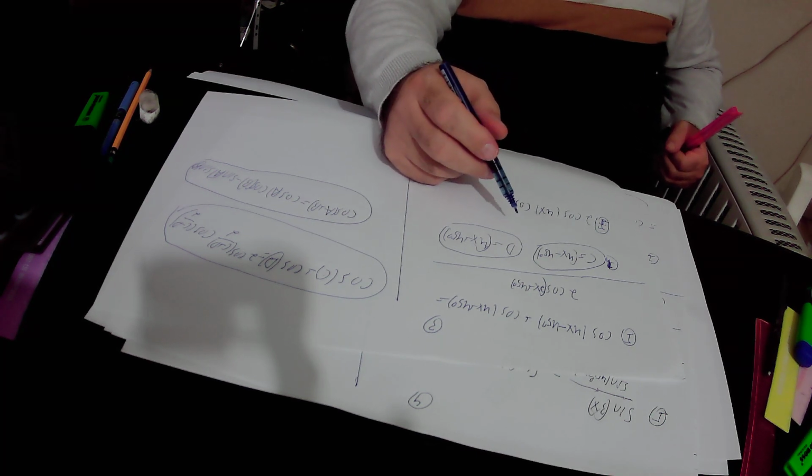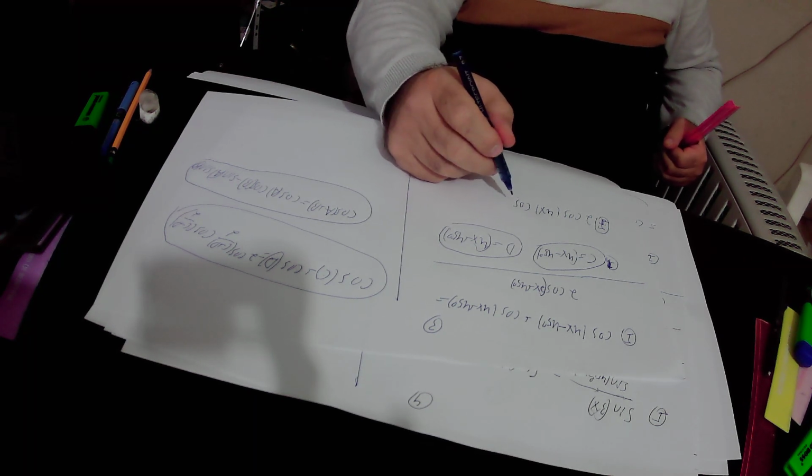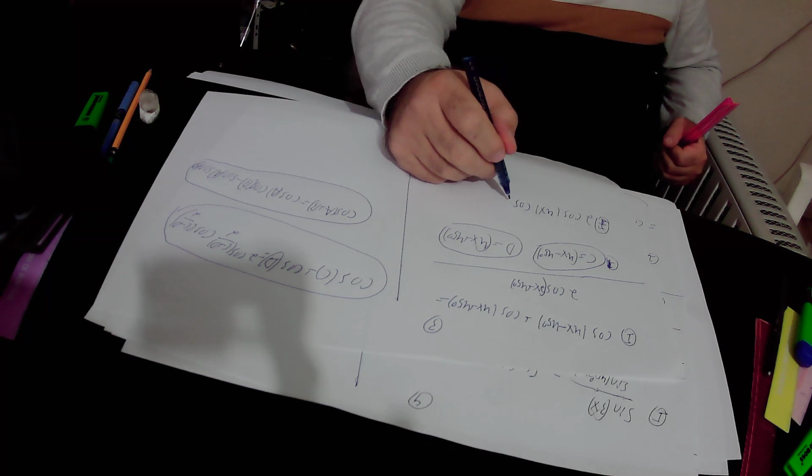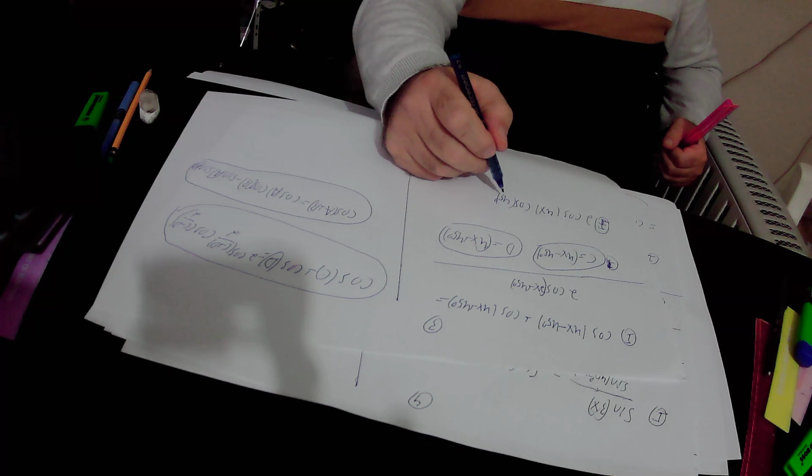C minus D is 4x minus 4x, which is 0, and minus 45 degrees minus 45 degrees is minus 90 degrees, over 2 is minus 45 degrees. But we know that cosine minus x equals cosine x, so cosine minus 45 degrees equals cosine 45 degrees.